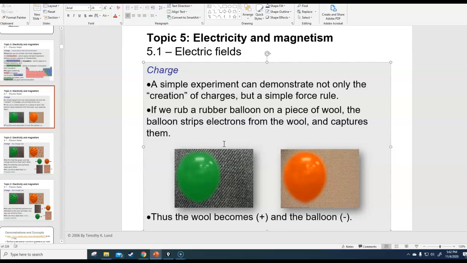And so the wool and the balloon are going to stick together. You might have observed this phenomenon if you've ever rubbed a balloon on yourself: you can get the balloon to stick to your clothes or your hair, and that's basically why that happens. The act of rubbing, that friction, causes electrons to be forcefully removed from one object and placed on another object.